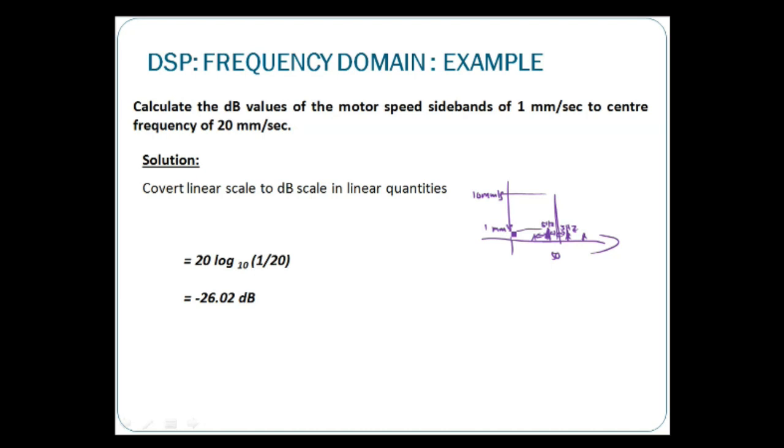If you take this particular peak as your reference, you know that these sideband frequency components are negative if you plot in dB. This is linear, this is dB.